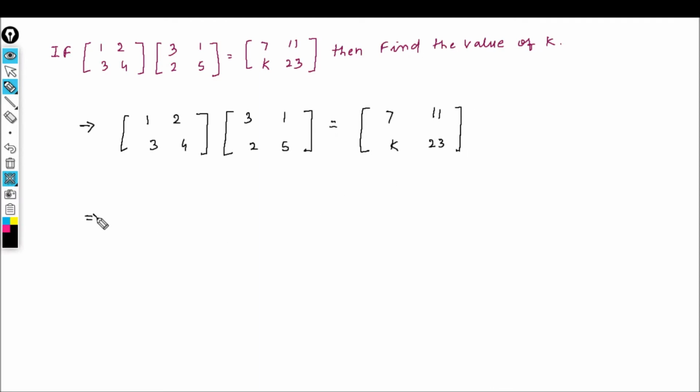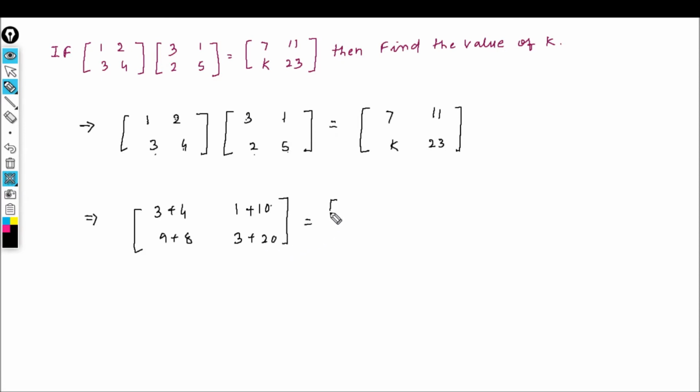So this implies row to column. 1 into 3, 3 plus 2 into 2, 4, 1 into 1, 1 plus 2 into 5, 10, 3 into 3, 9 plus 4 into 2, 8, 3 into 1, 3 plus 4 into 5, 20.